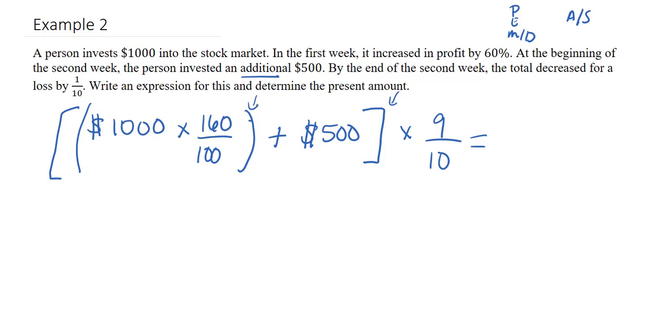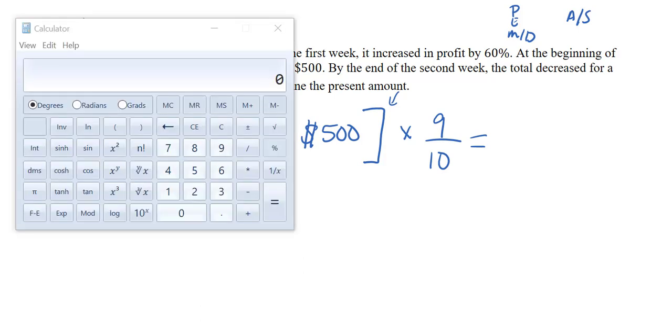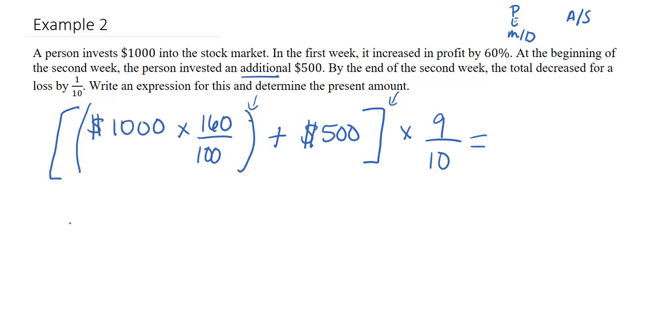So let's get a calculator out. We go 1,000 times 160, and then divide by 100. We get 1,600.